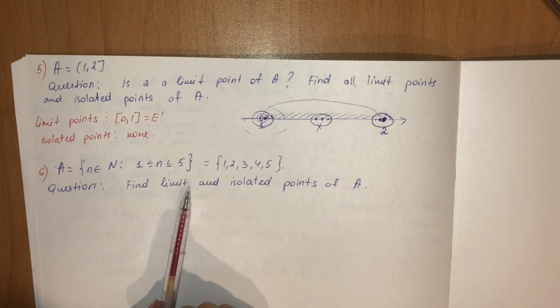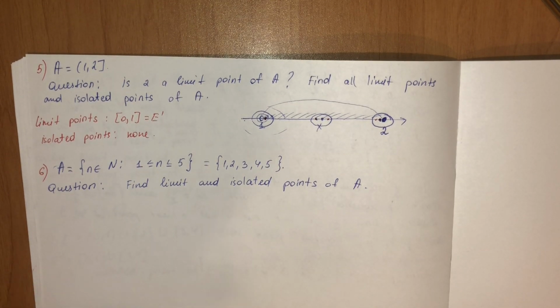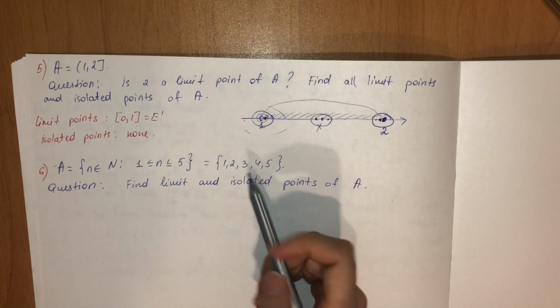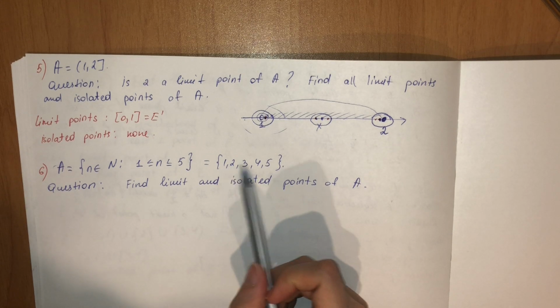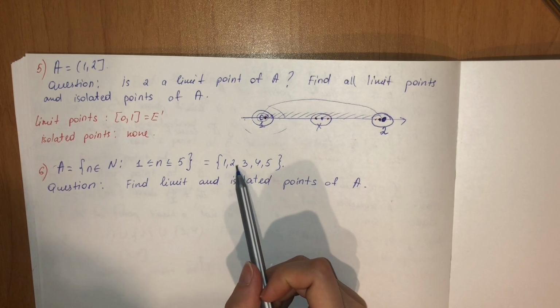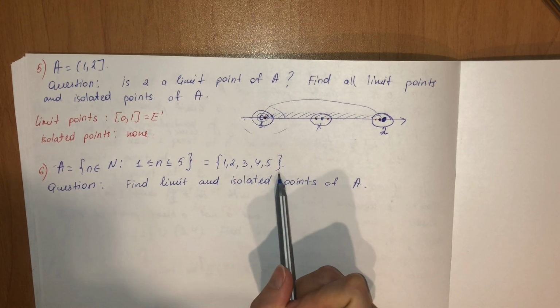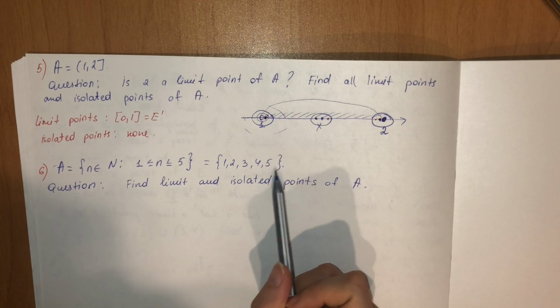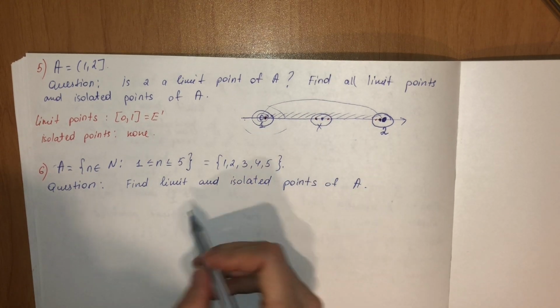Question: find the limit and isolated points of A. Okay, in order to find the limit point, we can choose a sequence from this set that converges to any point, and let's try it out.